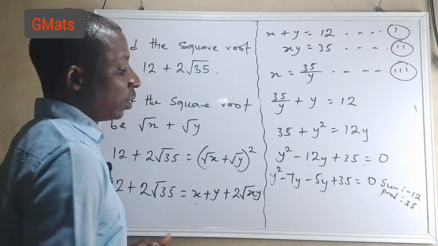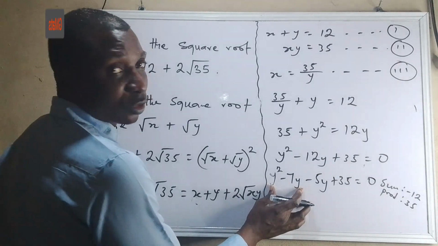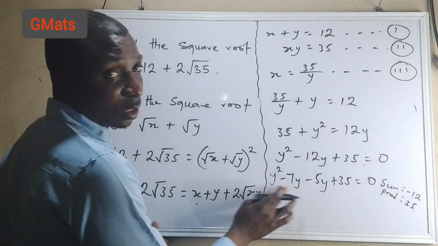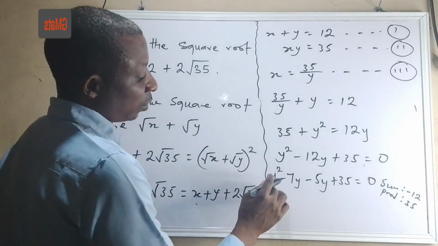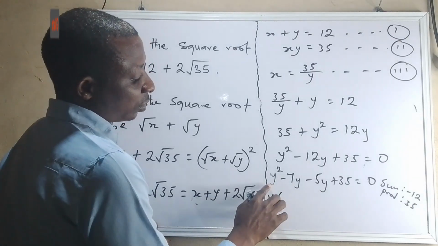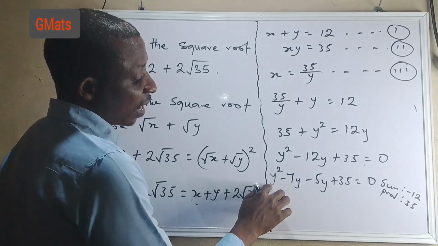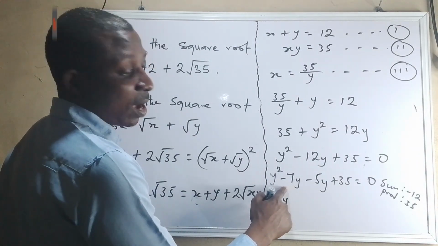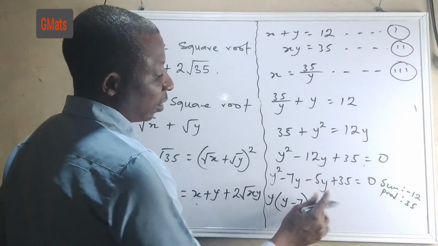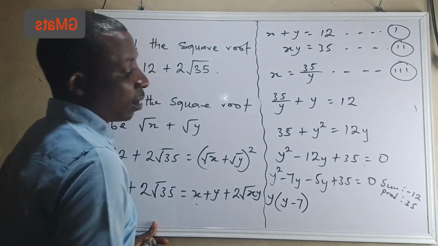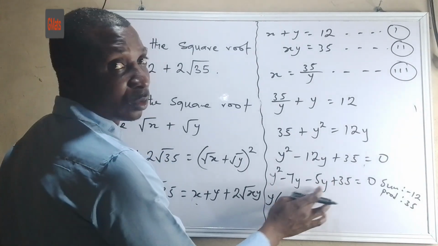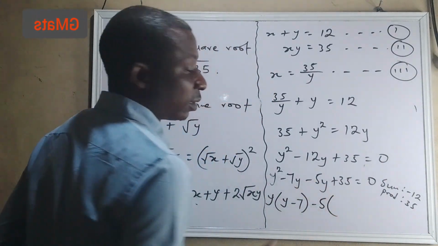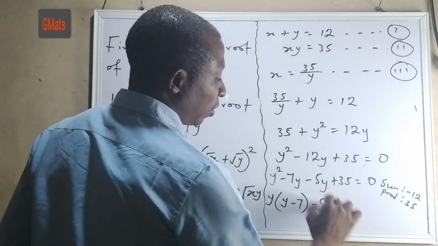Alright? Now we look at the first two terms and look for the common factor. The common factor here is y. When you divide y squared by y, you have y. Divide minus 7y by y, you have minus 7. The same thing here: minus 5 is common to these two terms. When you divide this by minus 5, you have y.